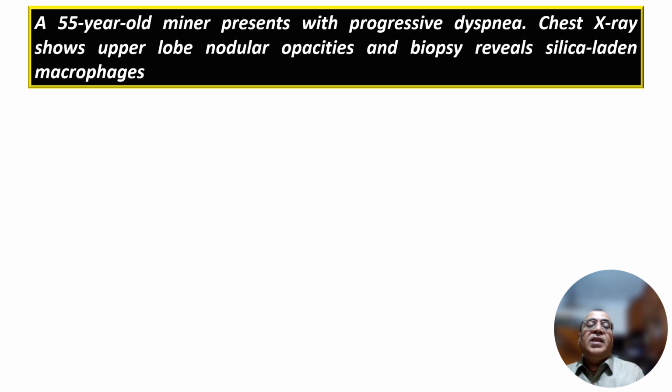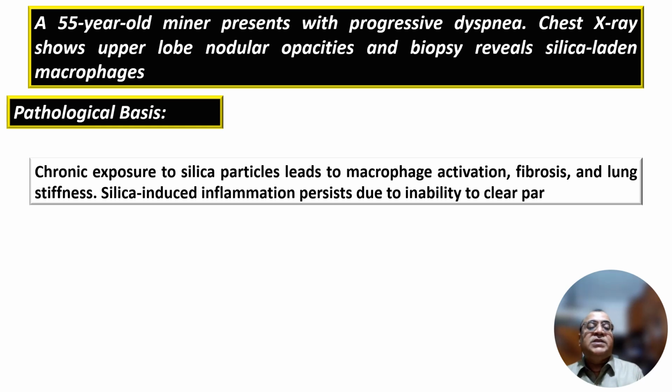Then a 55-year-old miner presents with progressive dyspnea, chest X-ray shows upper lobe nodular opacity and biopsy reveals silica-laden macrophages. So there is chronic exposure to silica that leads to macrophage activation, fibrosis, and stiffness of the lung.